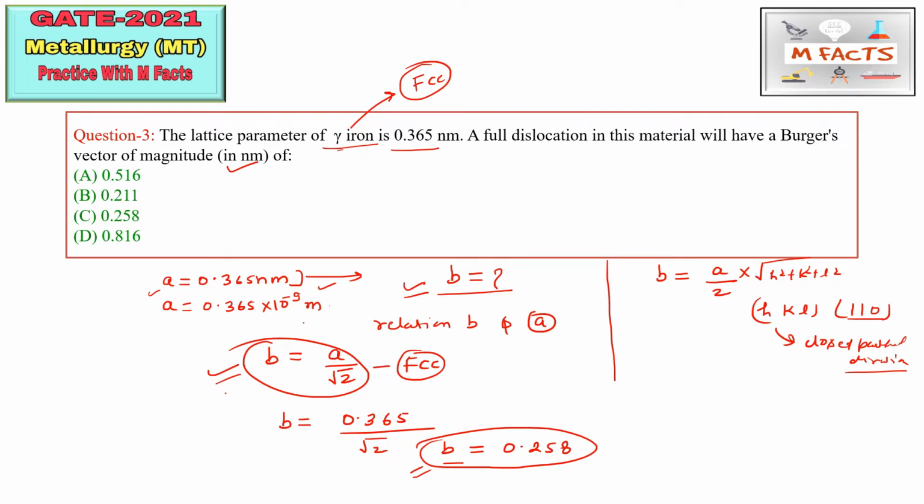This is an important formula you should remember for future questions. They may ask a question from any crystal structure, so you should remember this formula. This is the correct answer for this question, that is 0.258. So option C is the correct answer for this question.